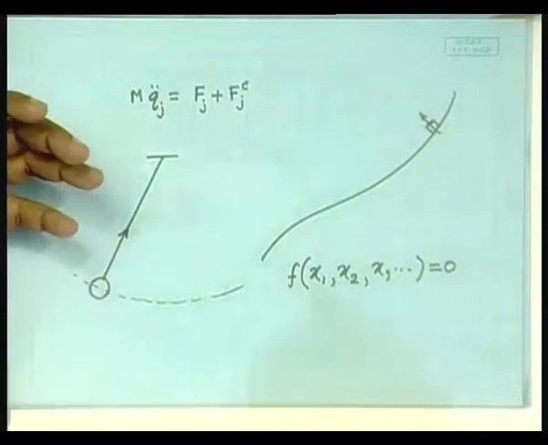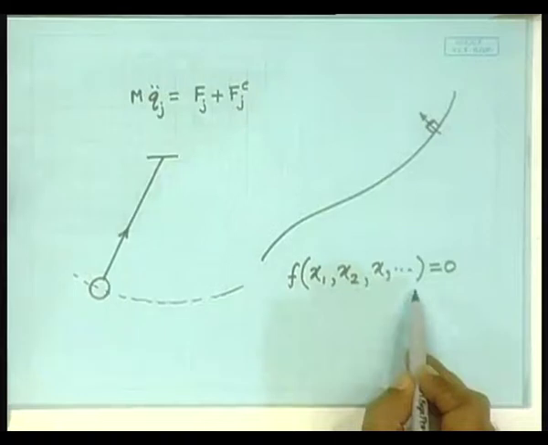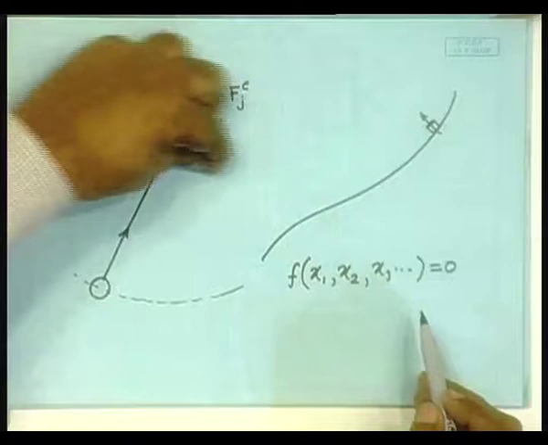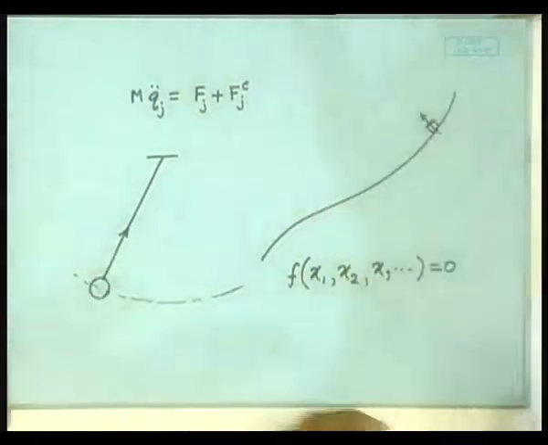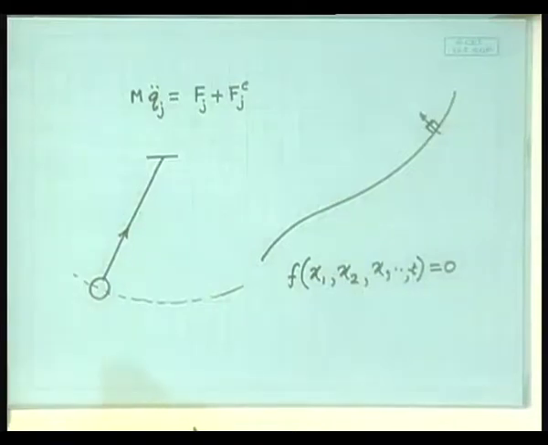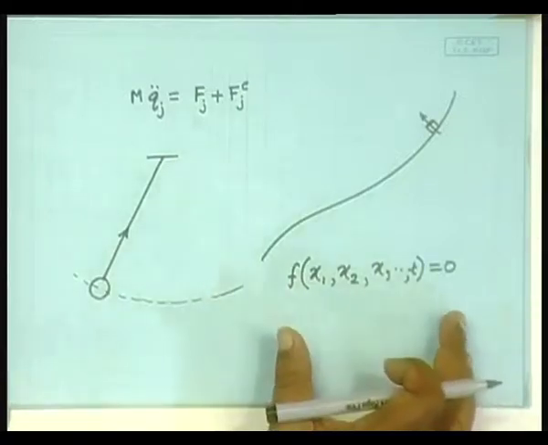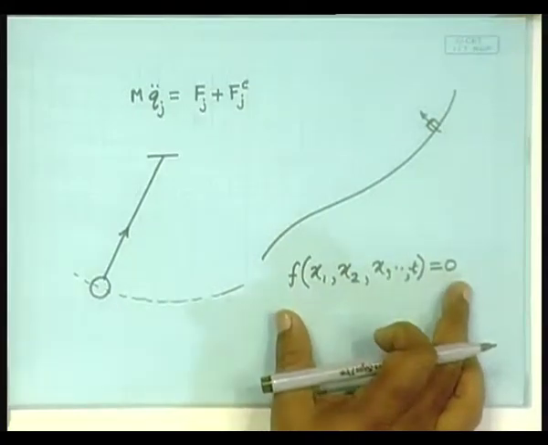In general, this function might also be dependent on time. You might imagine that this is being moved. So, in general this might also contain time. Now, any constant that can be expressed in this form is known as holonomic constant.